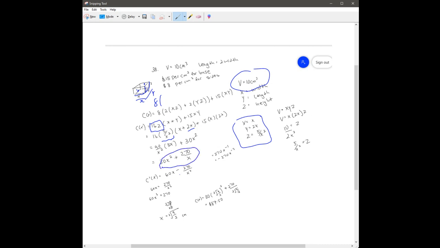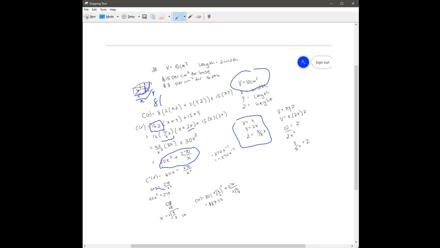To find the cheapest cost, I set C prime to 0. So to find x when C prime is 0, I set 60x equals 270 over x squared. Then I solve by multiplying x squared to the other side, and I get 60x cubed equals 270.